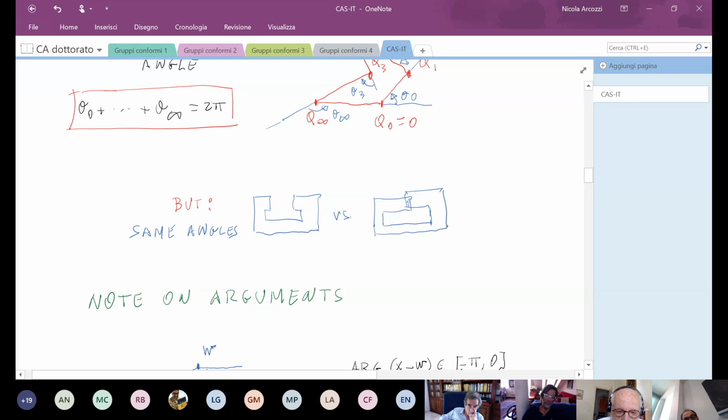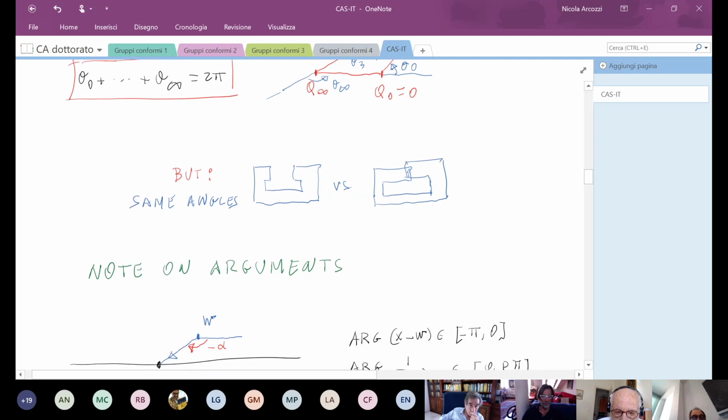Okay, angles are not enough because you can make two polygonal curves with the same angles, and one defines the boundary of a simply connected domain, and the other doesn't. So one has to be careful. This is some obstruction we have to take into account.